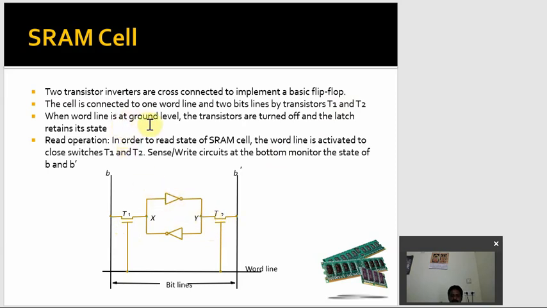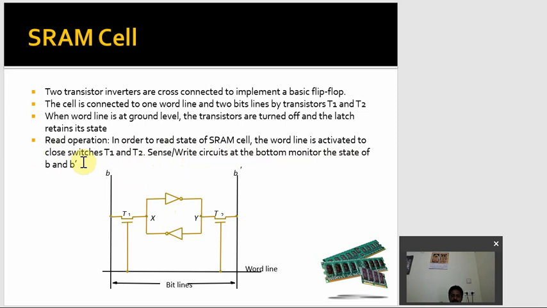When the word line is at ground level, the transistors are turned off and the latch retains its state. In order to read the state of a static RAM cell, the word line is activated, closing switches T1 and T2, and sense read or write circuits at the bottom monitor the state of B and B dash.